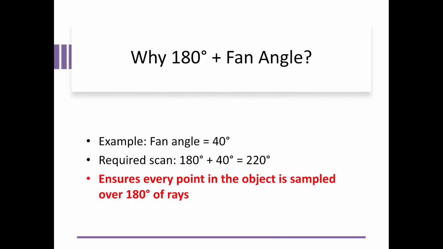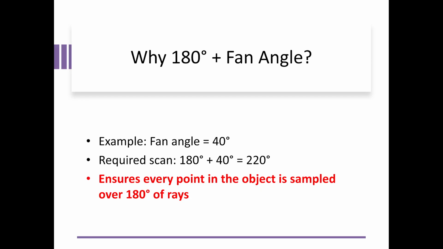In fan beam CT, we need 180 degrees plus the fan angle to guarantee complete coverage. The real requirement is that every point in the object must be sampled over at least 180 degrees of rays. If you stop at exactly 180, the outer points won't get full angular coverage.